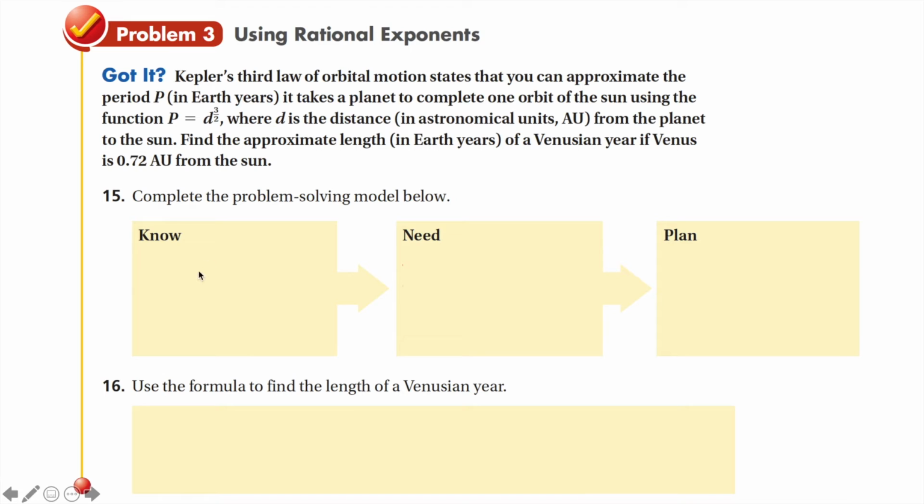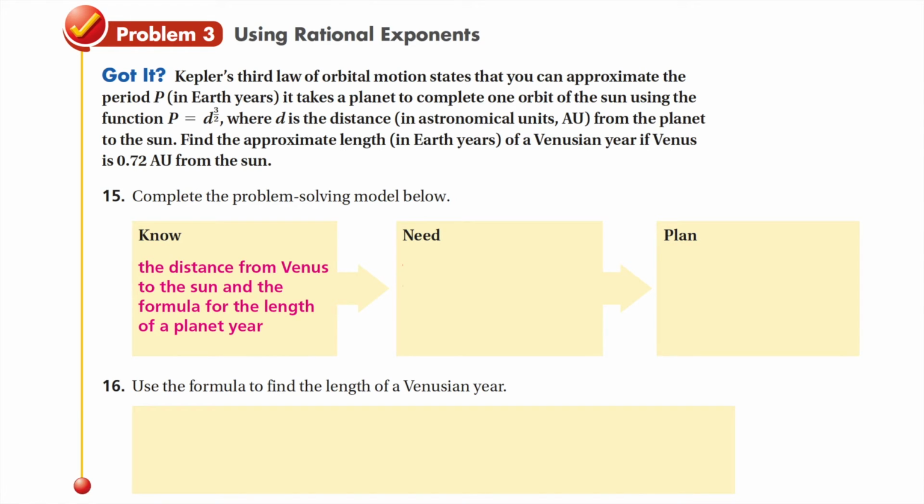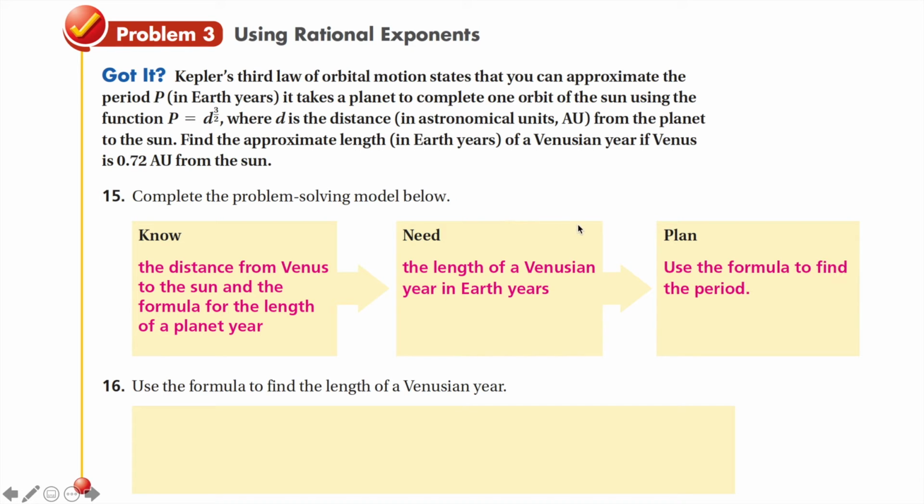Well, what we do know is the distance from Venus to the Sun and the formula for the length of the planet year. What we need to find out is the length of the Venusian year in Earth years, so our plan is to use the formula to find the period. So how would we use that formula? Well, we know the distance based off of AUs for Venus from the Sun, so that's 0.72.